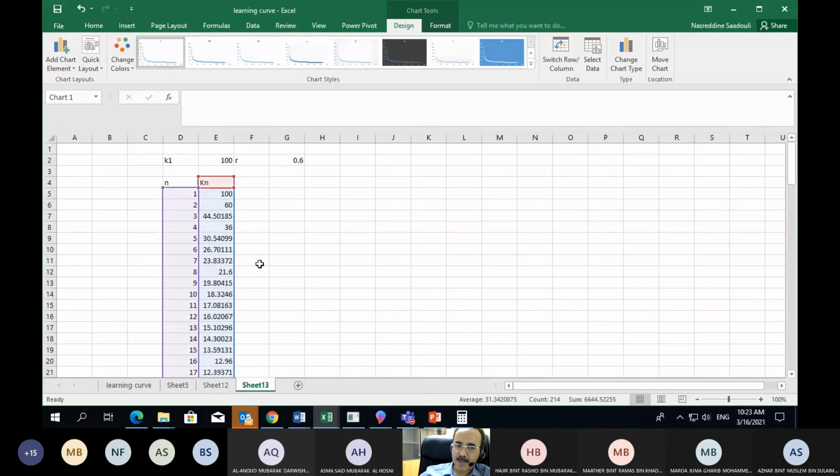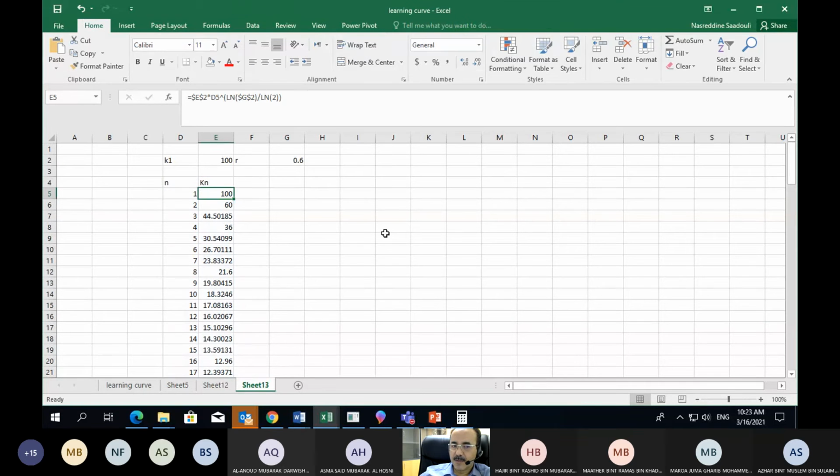Like, for instance, starting with 100 hours, we get to where the difference goes from 40 to 16 to just 8, and it becomes a difference of only 1 unit, maybe starting from somewhere around unit 10. We can make a stopping criterion and decide to use that as a standard time.